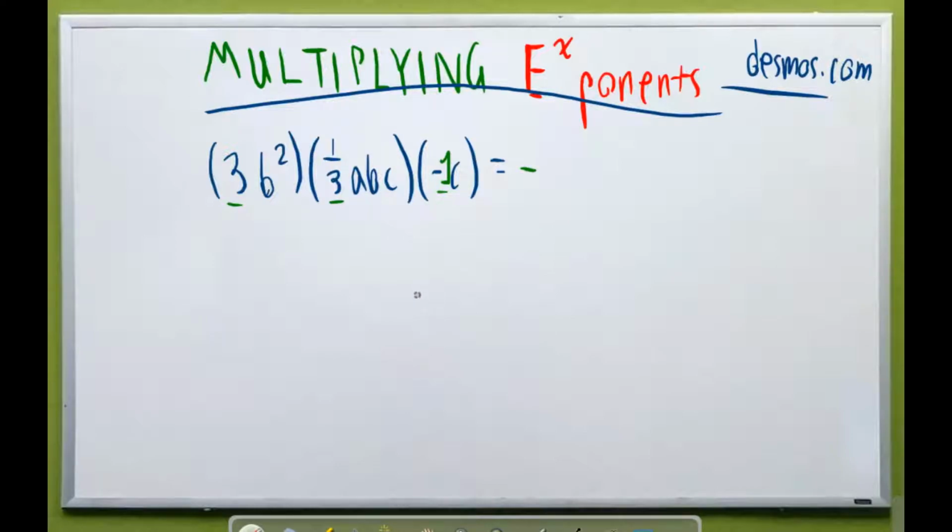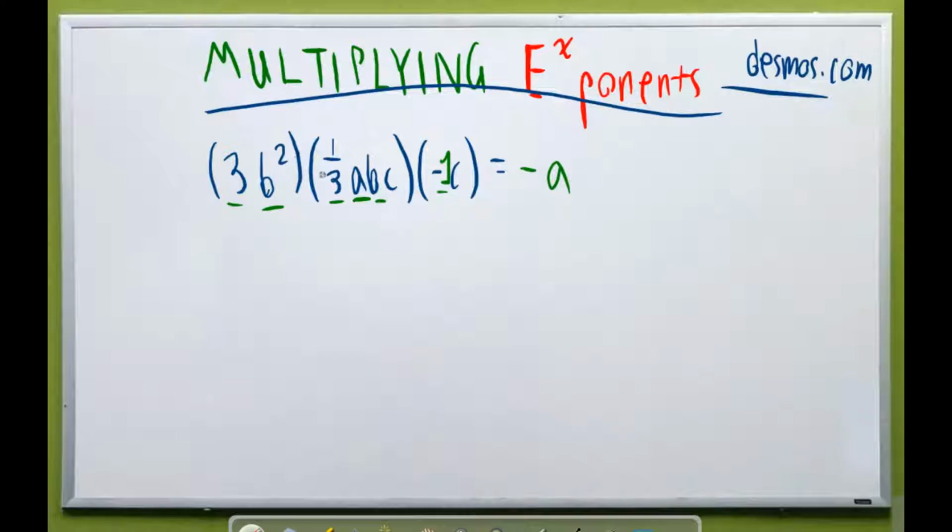And let's start with the a's, and then we'll go to the b's and then the c's. So we have an a here and nowhere else. So we're just going to put a right here. We have a b here, but no b on this third term.